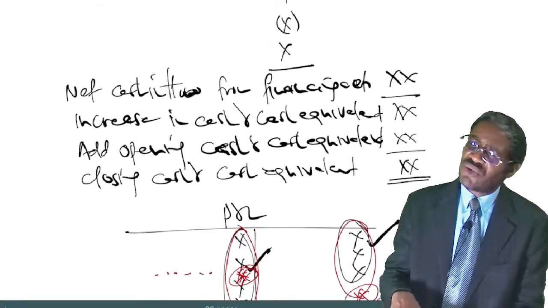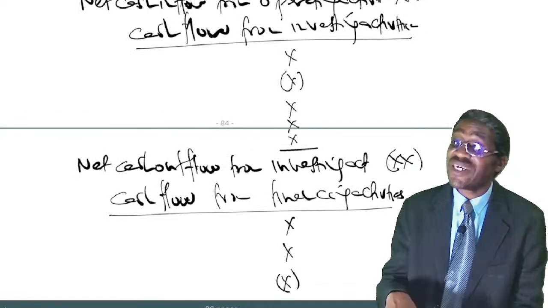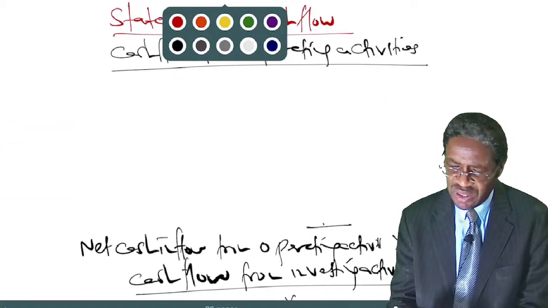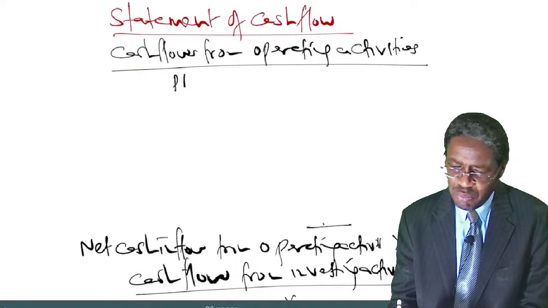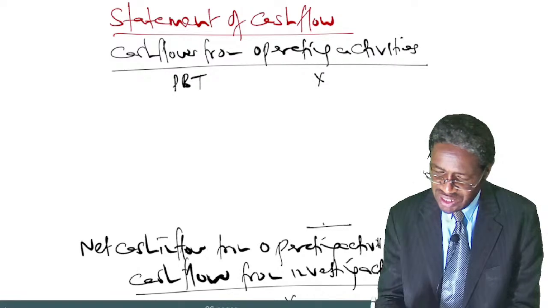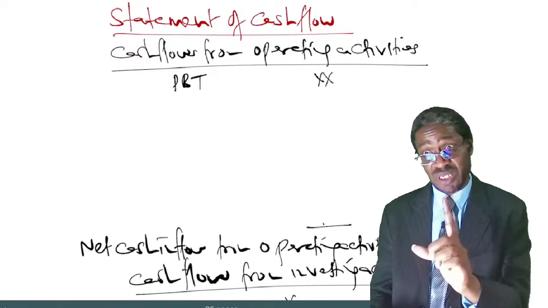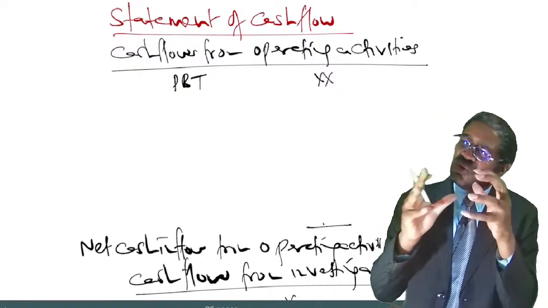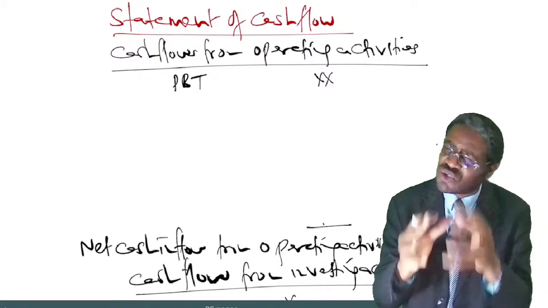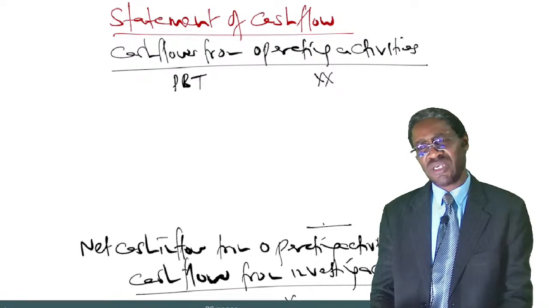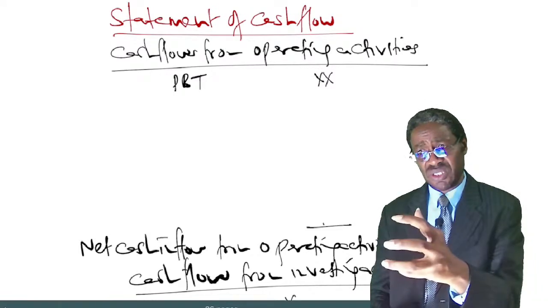So when you are required to determine the cash flows from operating activities, you always have to start with the amount we are calling profit before tax, whatever the examiner gives you in the income statement. Then, now that you used some non-cash items to get it, use those non-cash items to adjust this.